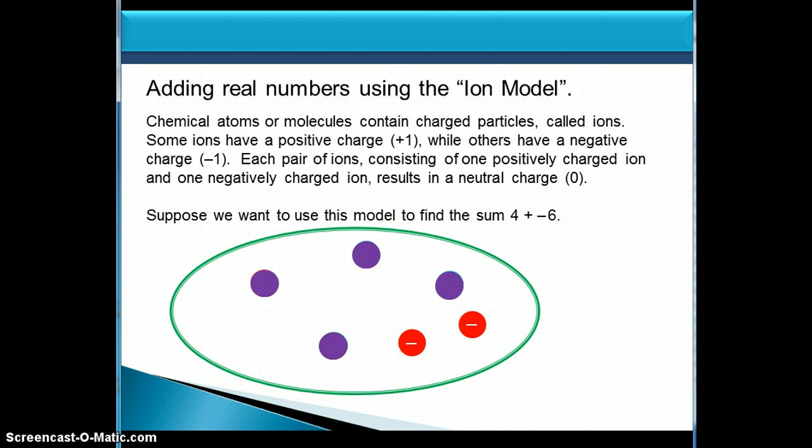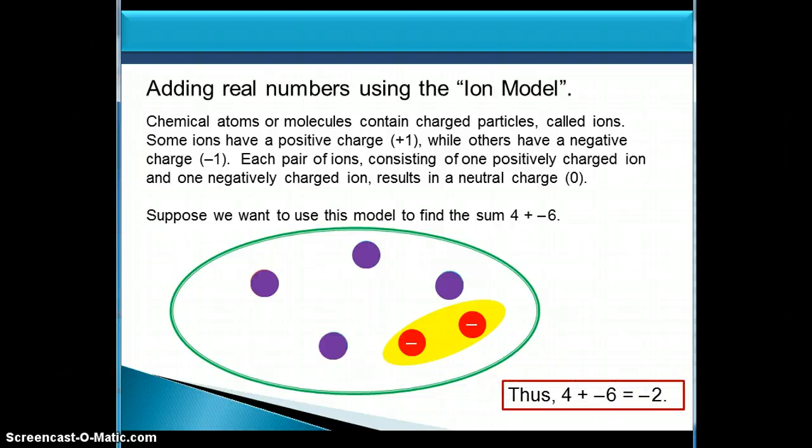Now we've run out of positives, so we have no more pairs, and we're left with 2 negative ions. And so this is the net result of adding 4 positive ions and 6 negative ions. And so this tells us that 4 plus -6 is equal to -2.